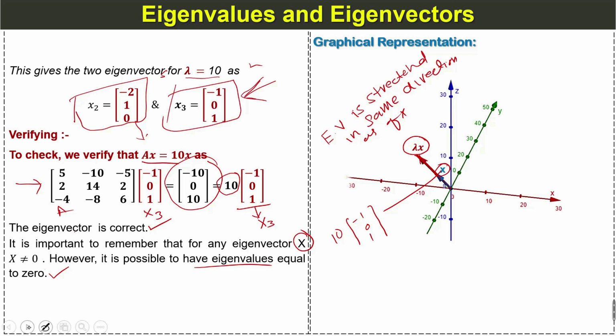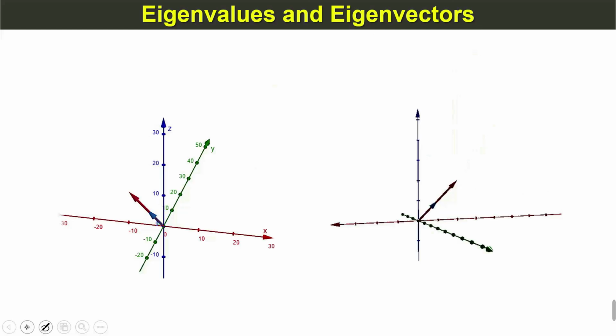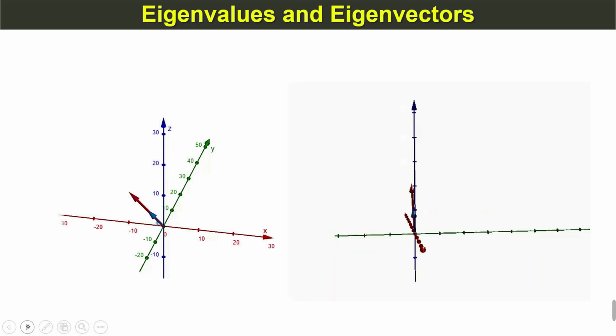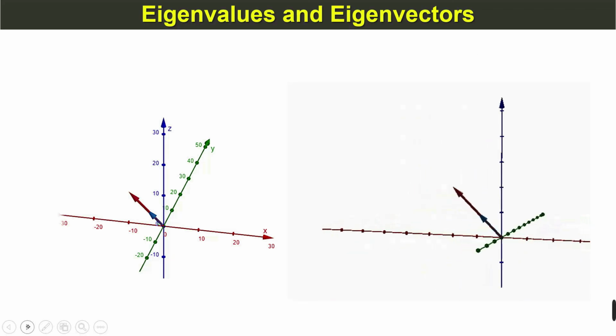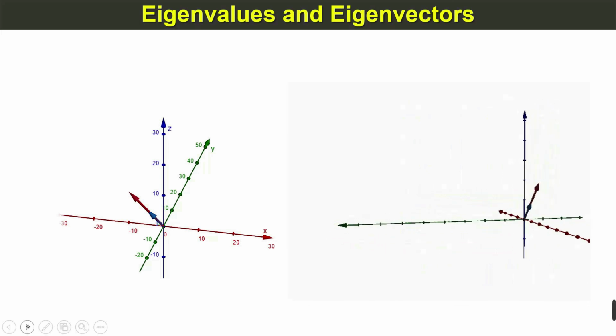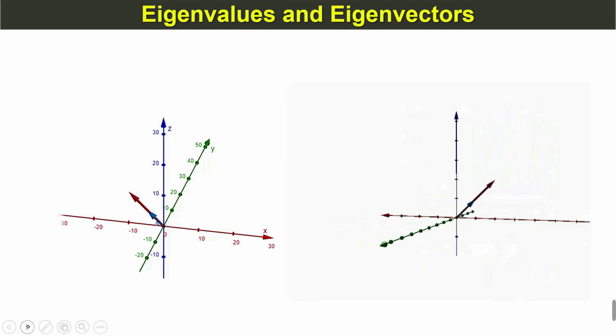Let's see this in a 3D video. This is our eigenvector x, and this is after multiplication with lambda.